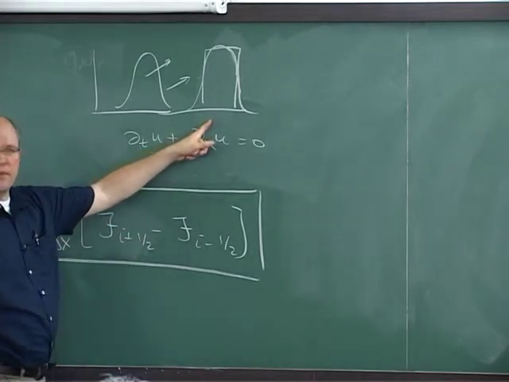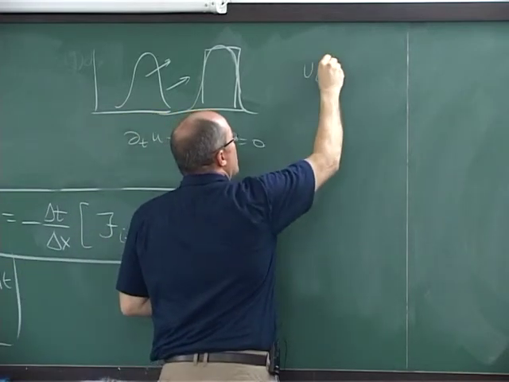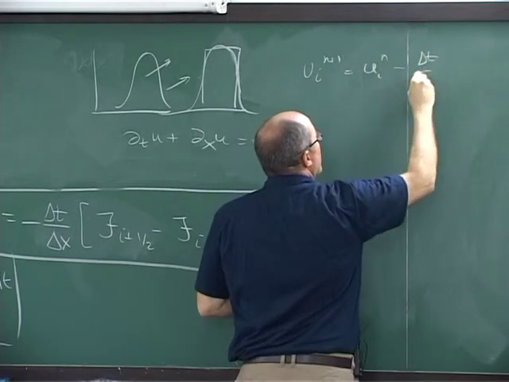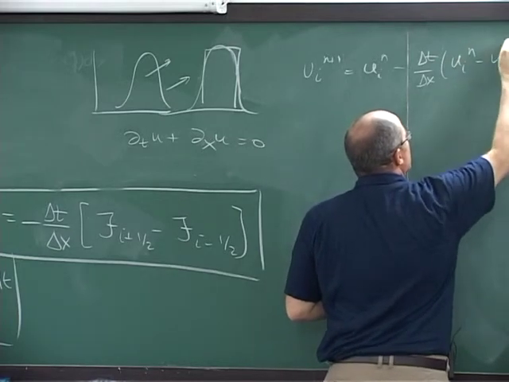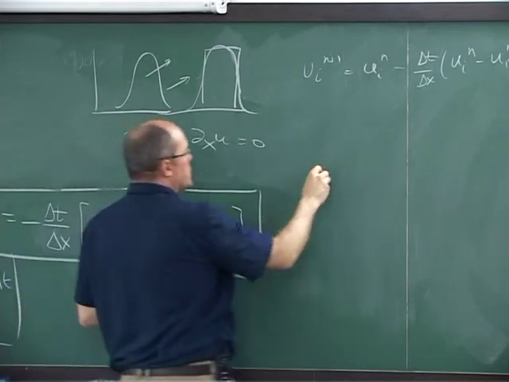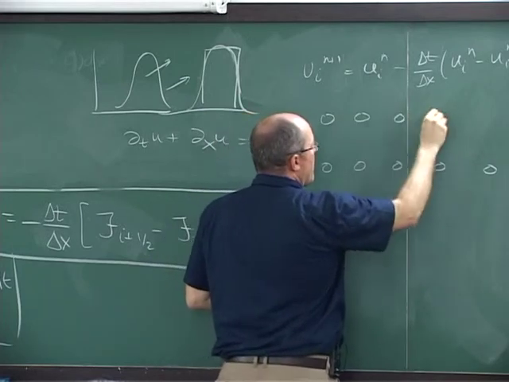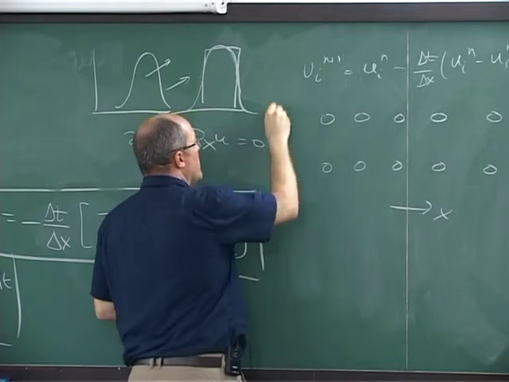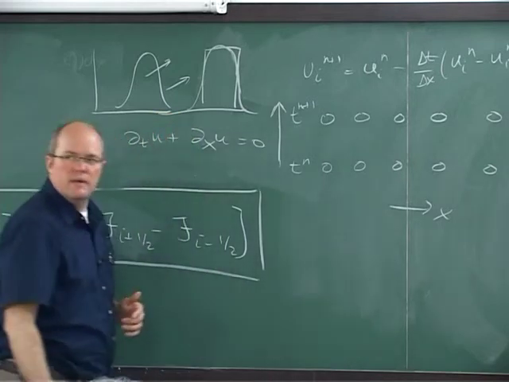The reason the upwind method works well is because of the way we wrote it down. If I were to imagine the discrete points, so this is space, this is time, this is the solution at time n, this is the solution at time n plus 1.